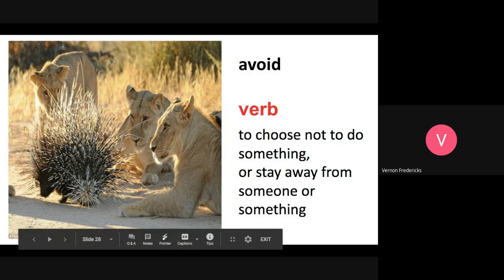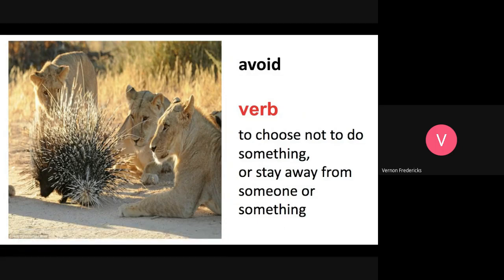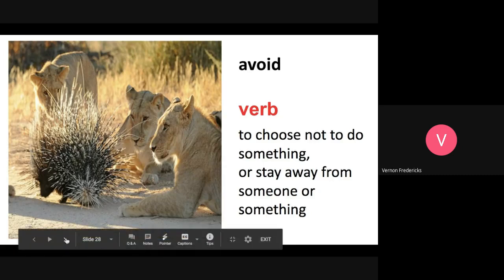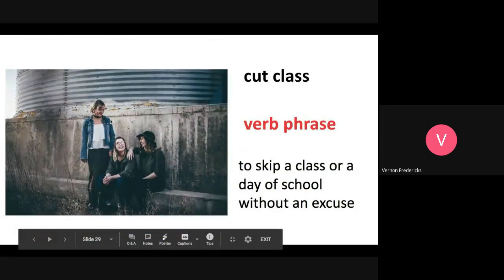In a sentence, I avoid my classmates every day. Yeah, I avoid them. Everybody wants to eat lunch together. I don't want to eat lunch with them, so I avoid them. Okay.